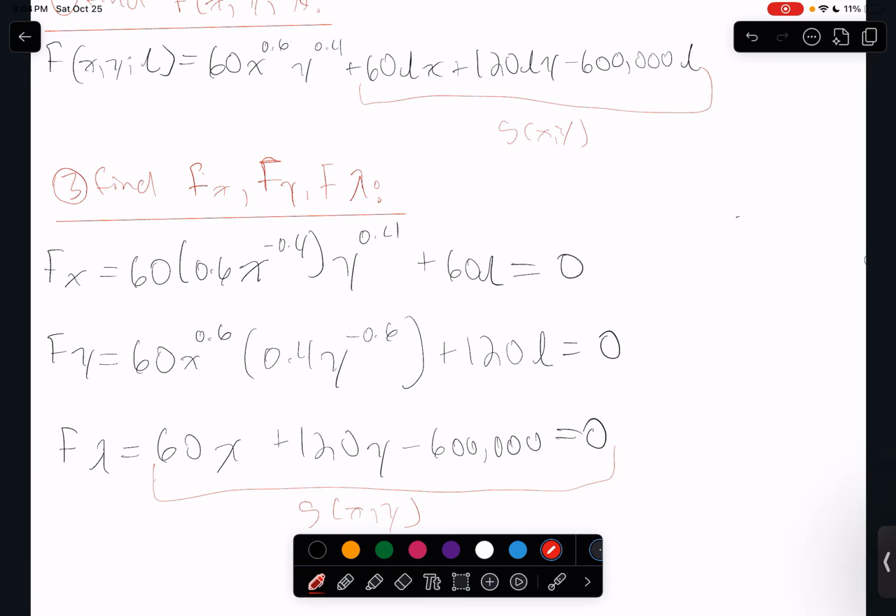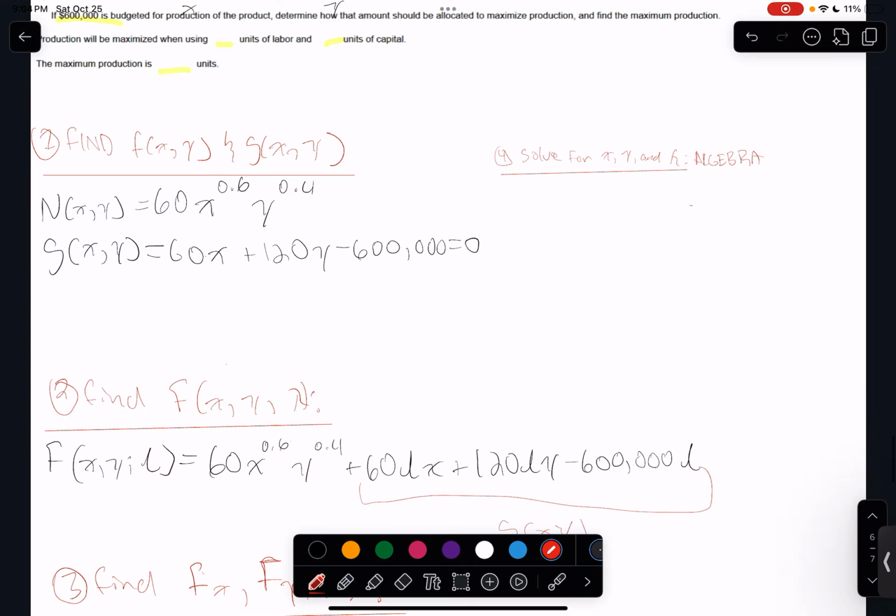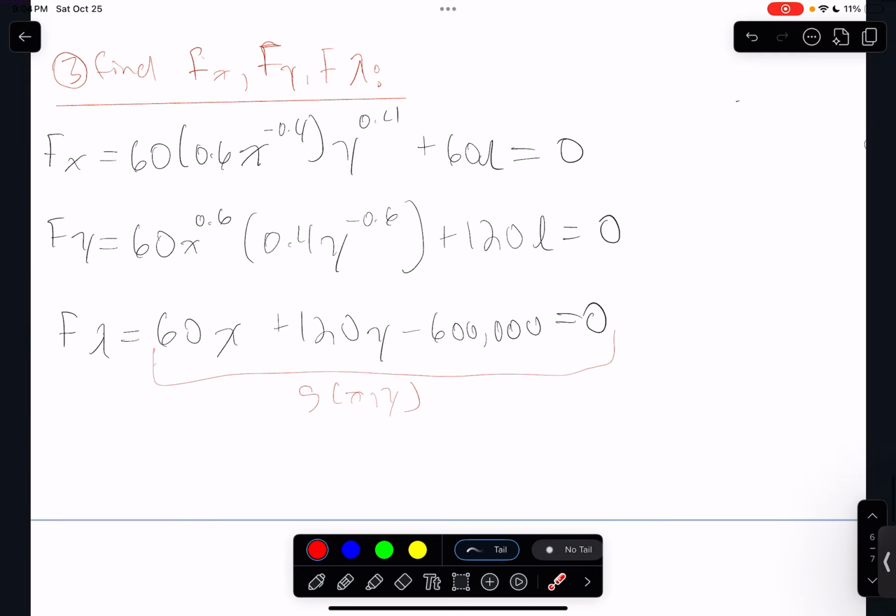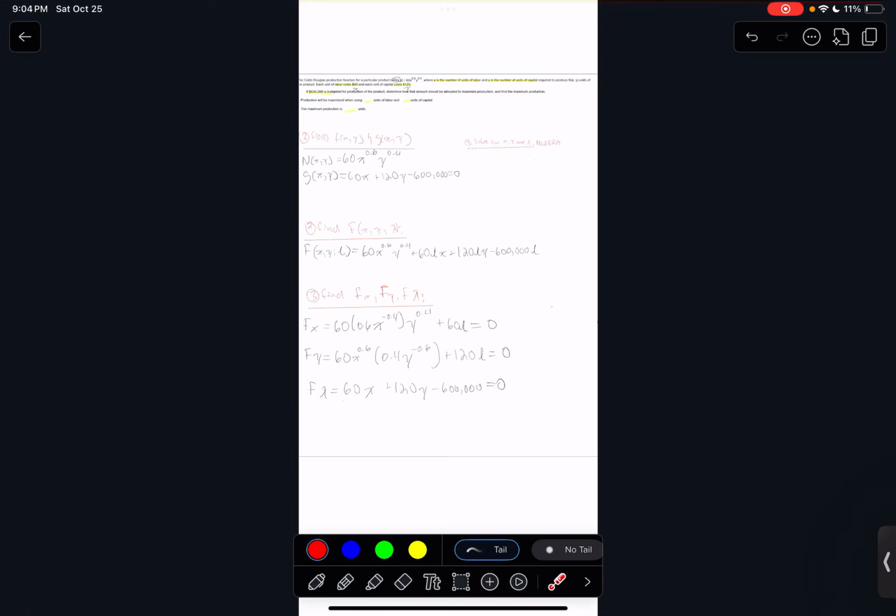It's just since it's the same as the g of x, y in step 1. We don't need to rewrite this anymore. So let me erase all this. All right, I'm going to minimize this, and then we're going to start solving some algebra.